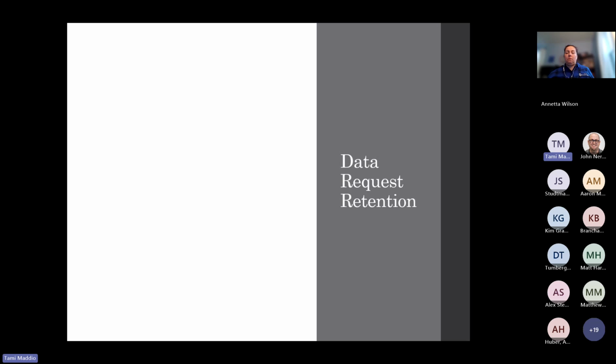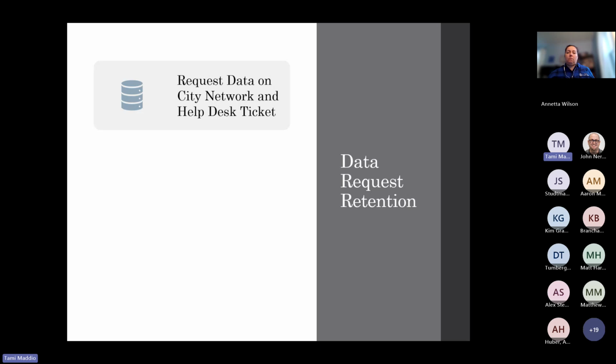As far as data retention, we keep track of our data requests in a help desk ticket system that we have had for the last about year and a half for GIS. And then we also just keep the files on our network right now. We haven't yet moved fully into SharePoint or OneDrive at the city.